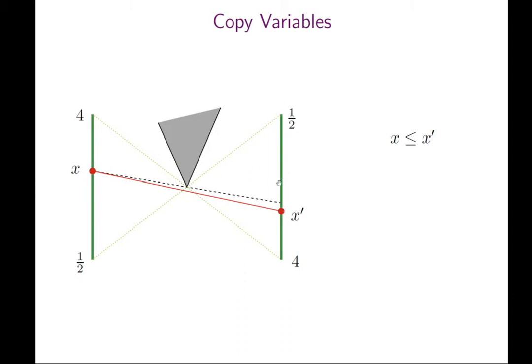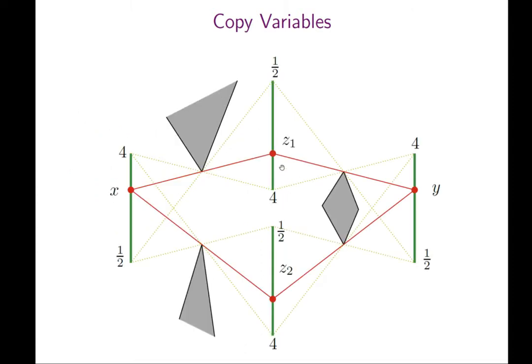Note here that it's flipped: x prime is encoded in a different way than x. It's just flipped upside down, where the half and the 4 are. Now again, we can combine 4 of those gadgets, which enforces that x is smaller or equal to y and x is larger or equal to y, which ensures in the end x equals y. So now we can copy variables around.